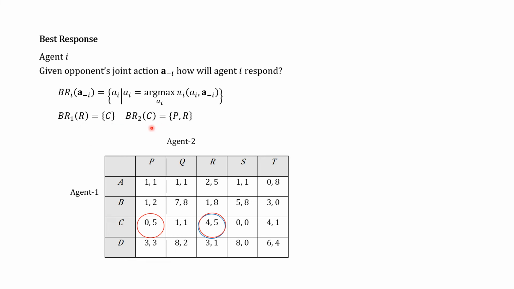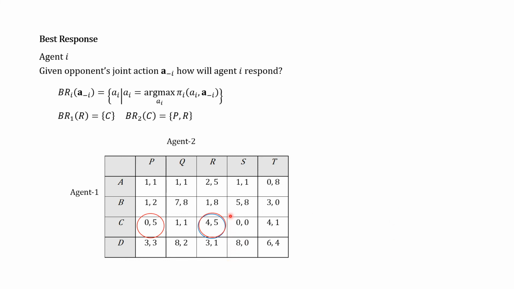Now consider the best response of agent 2 to agent 1's action C. So agent 1 plays C. What will agent 2 do? Look at the payoffs 5, 1, 5, 0, and 1, and the highest payoffs correspond to actions P and R. So the best response of agent 2 to C is P and R.